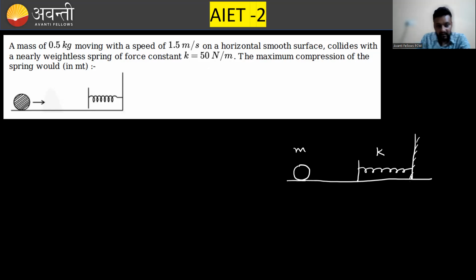That means all the kinetic energy of the ball is converted to the potential energy of the spring. When will it happen? At maximum compression.